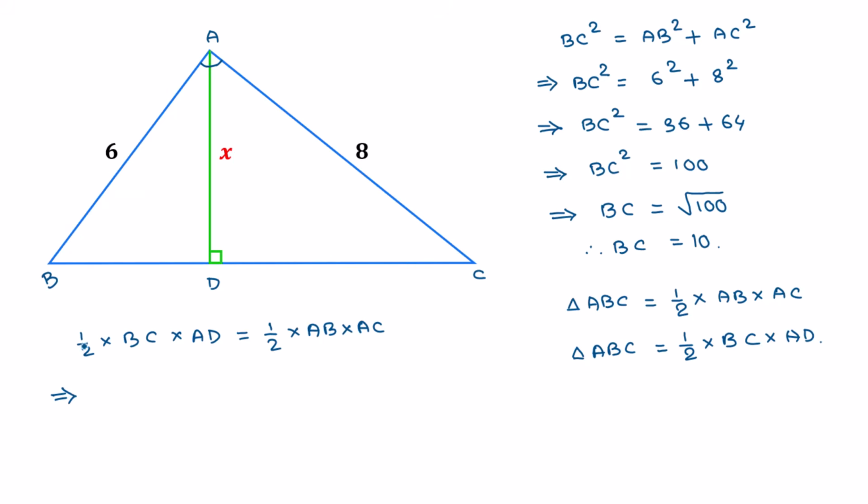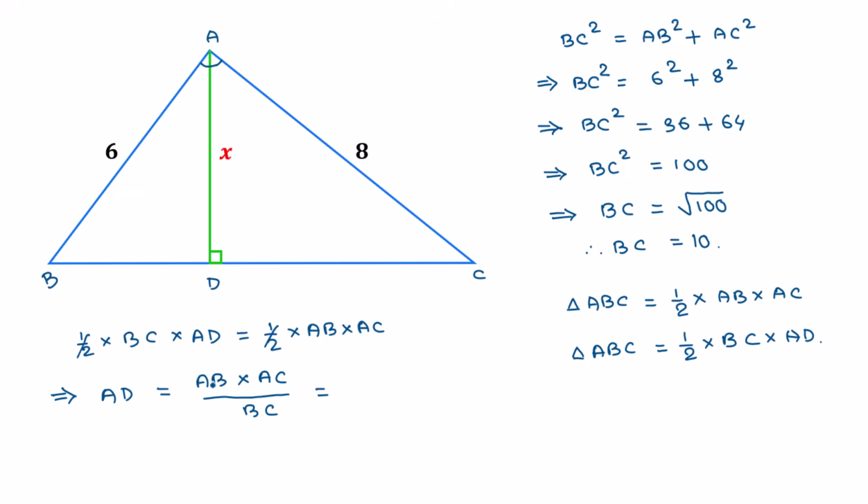Now cancelling this half from both sides, we will get BC times AD is equal to AB times AC. So dividing both sides by BC, we will get AD is equal to AB times AC divided by BC.